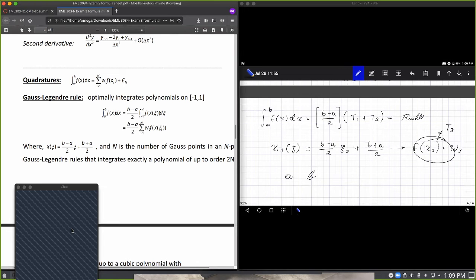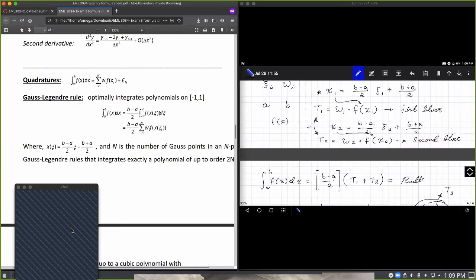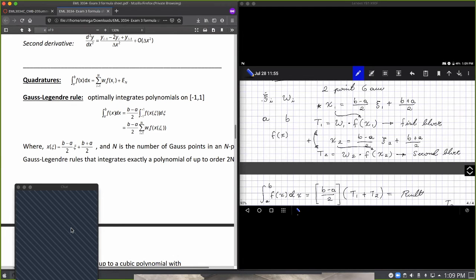Definitely check your formula sheet for clarification. That's 2-point Gauss.